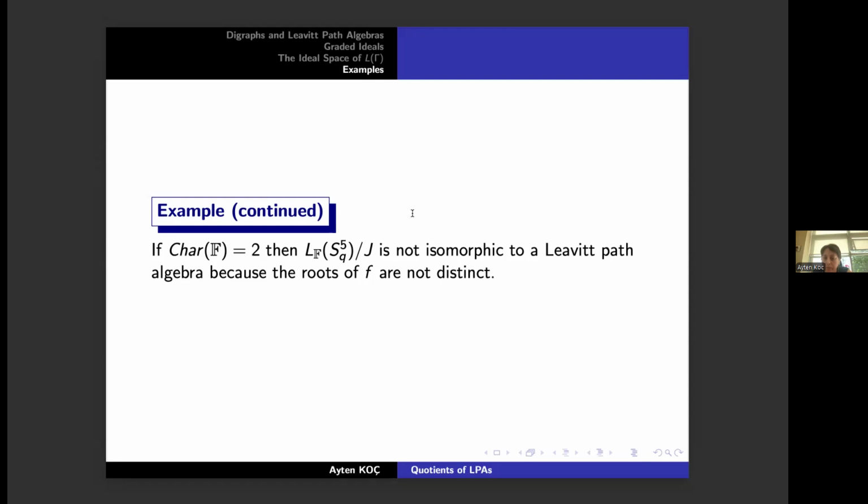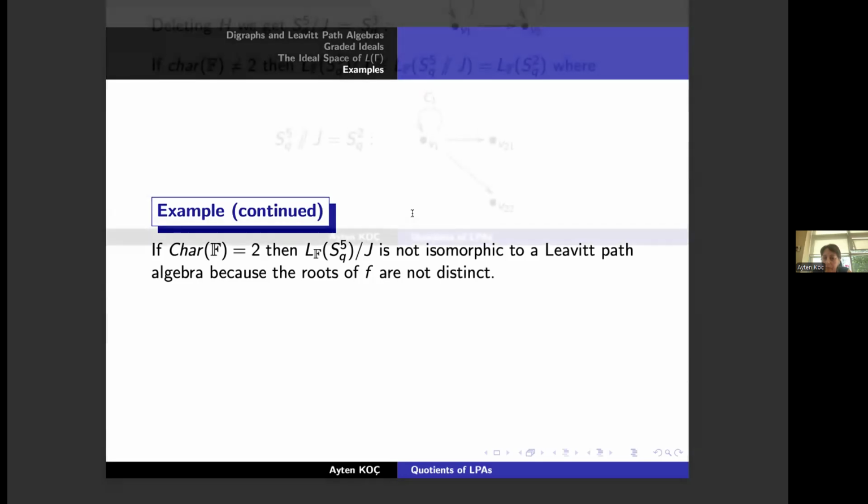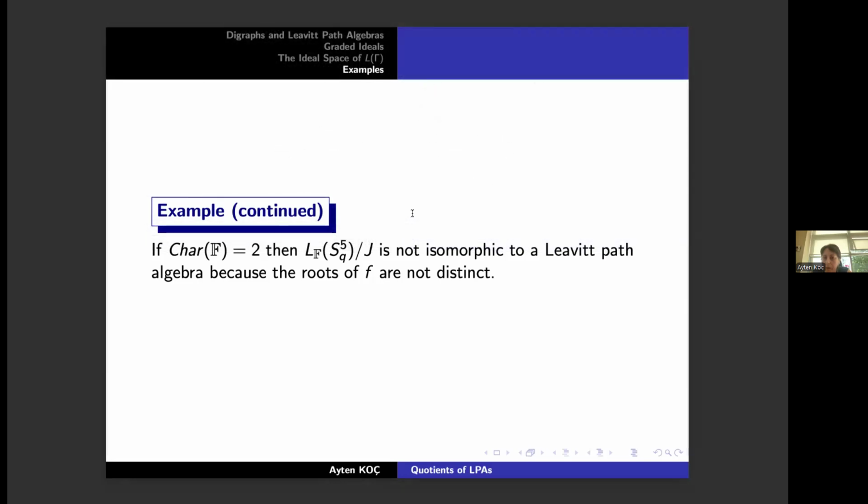So if you further kill that one, you divide by that nilpotent element, do you get a Leavitt path algebra?